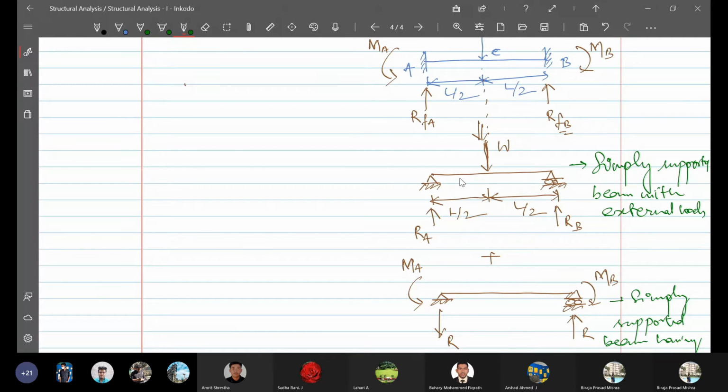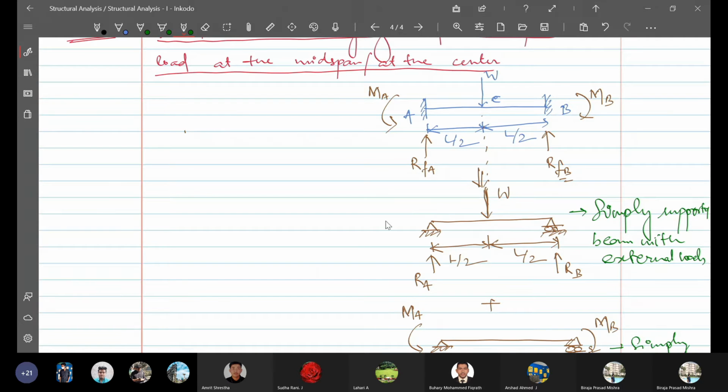Now, what will be the bending moment diagram for this one, the free bending moment diagram? The free bending moment diagram for this one will be like this.